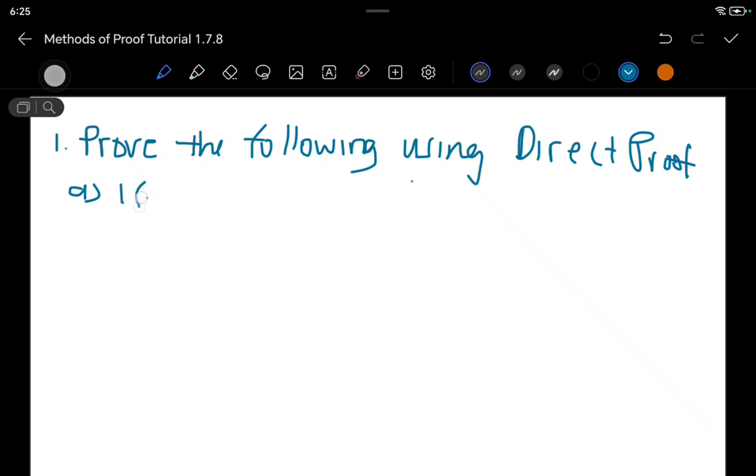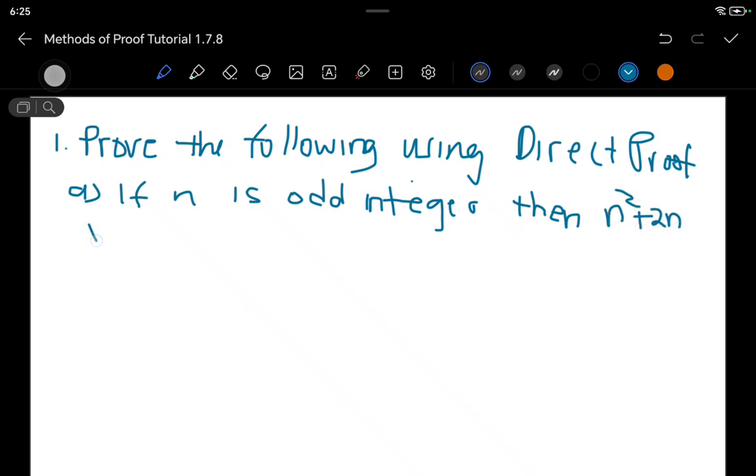They say if n is odd integer. Sometimes they don't even say integer. As long as they say it's odd or it's even, you must always keep in mind that they're talking about integers. Then n squared plus 2n is odd. You see, right?